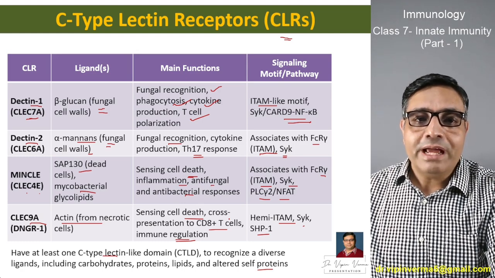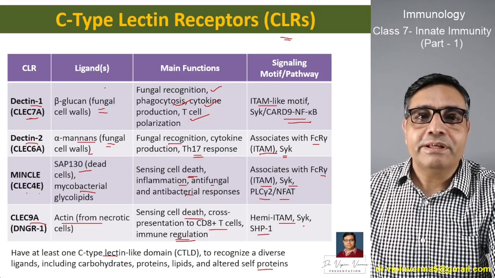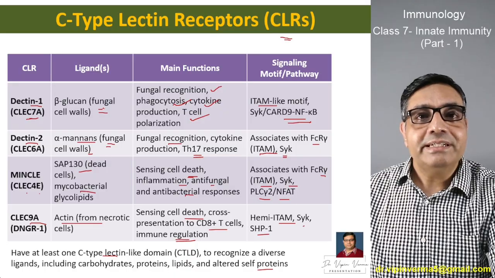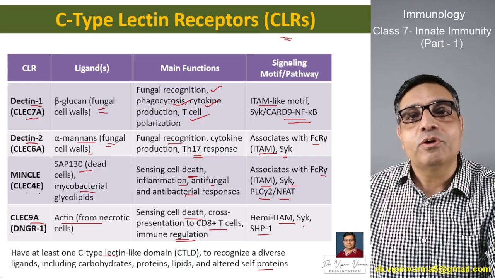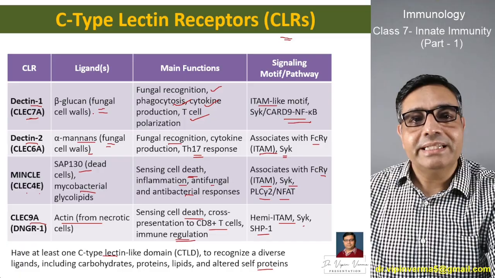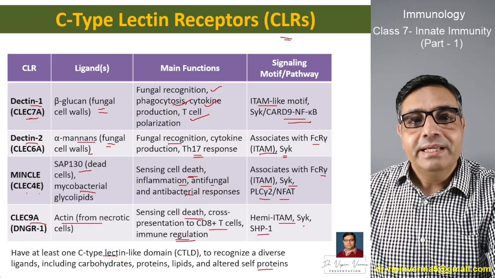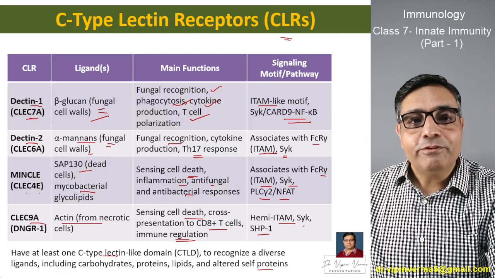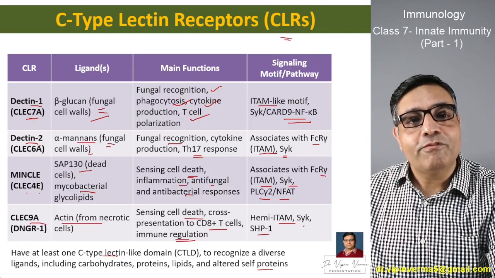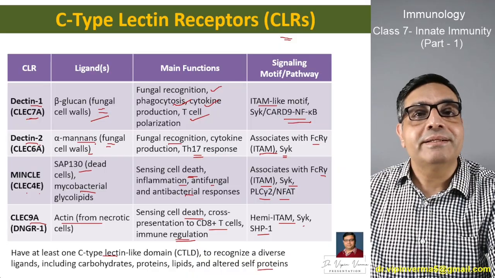Okay, so actually, you must be feeling a bit bored here because we are discussing the different CLRs. But what I want to emphasize here is that the different components of the families have their specific or some broader roles. Now here, Dectin 1 is for beta glucans of the fungal cell wall. But Dectin 2 is also for the fungal cell wall, but here the main target is alpha mannans, right?